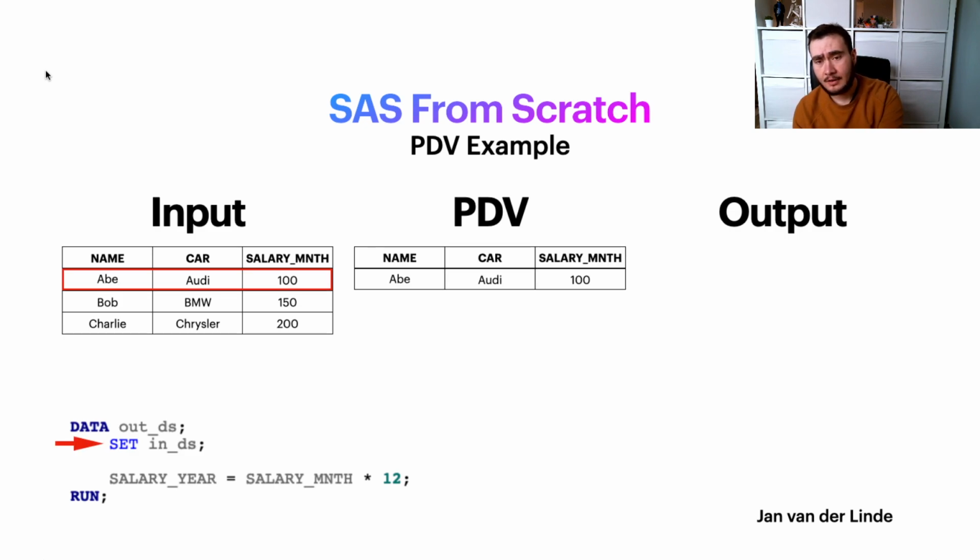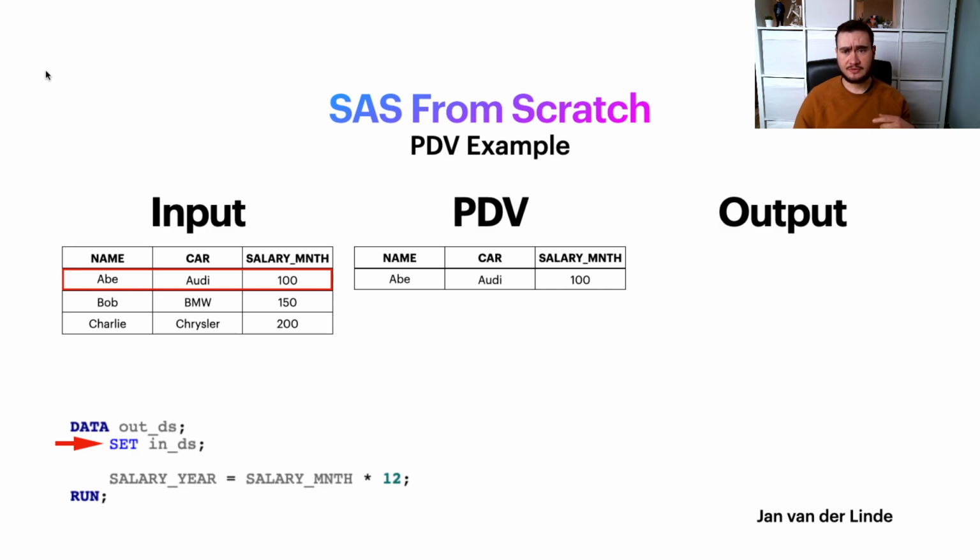Now, if we run this program, SAS starts initializing the program data vector, and this is a simplified example. If memory serves, what's actually happening is SAS is initializing in the program data vector all of the column names, and then it reads in the data from the first record.